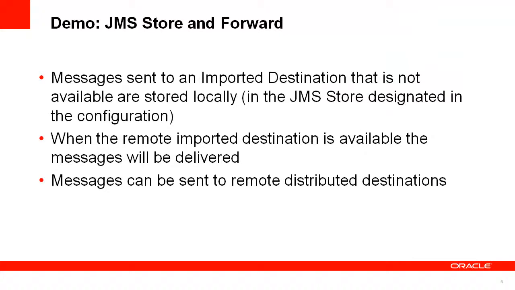In the demo, I'll show you how messages that are sent to a destination that's not available are stored locally, and then when that remote destination is available, the messages will be delivered. Also, we'll be sending messages to a remote destination that is a distributed destination.